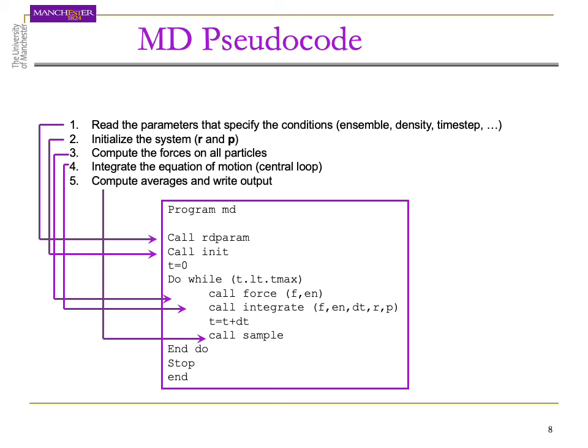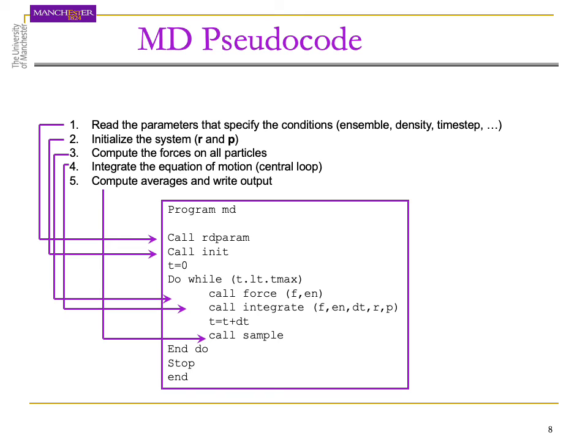So we have a reading of the parameters that specify the system, and initialization of the positions and velocities of the atoms.